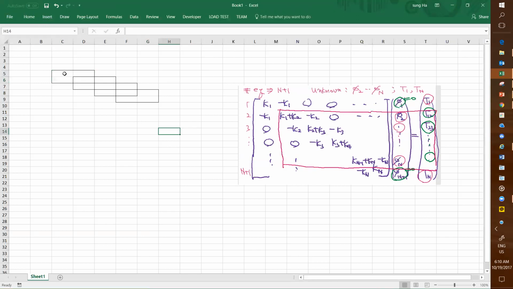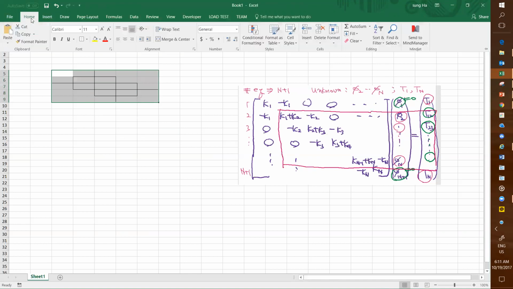So let's just consider this. We have a four shaft, 1, 2, 3, 4 shaft. Okay, so we have 4 shafts.